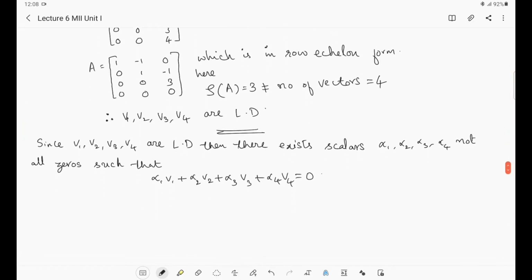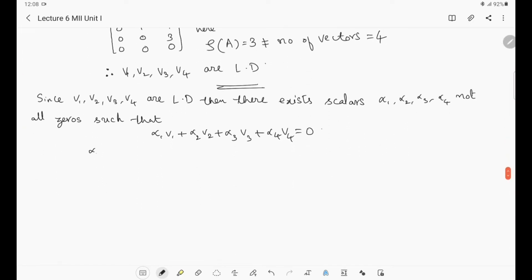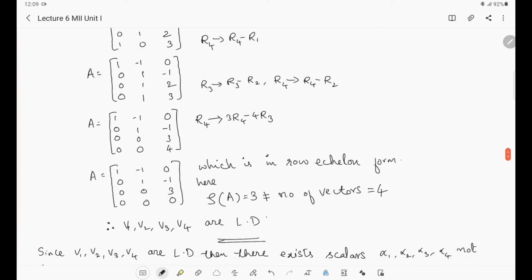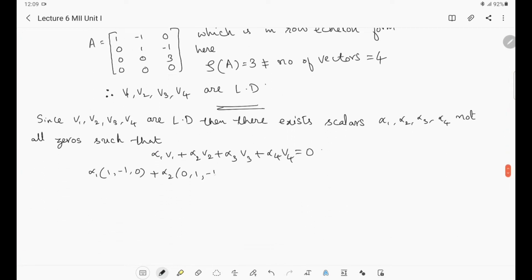So let us write here alpha 1 into (1, -1, 0) plus alpha 2 into v2, which is given to be (0, 1, -1), plus alpha 3 into v3, which is given to be (0, 1, 2), plus alpha 4 into v4, which is given to be (1, 0, 3). This is equal to 0, meaning the vector (0, 0, 0), right?